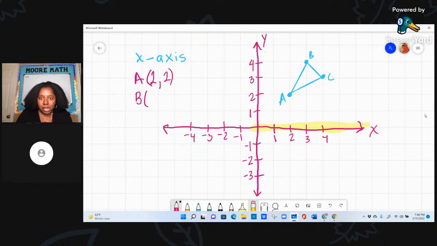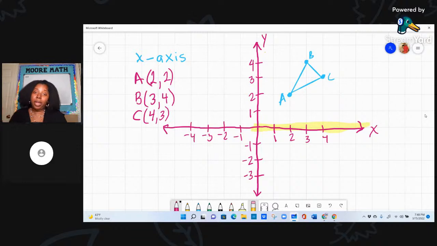For B, wait a minute. So B is right here. What's your X? 3. Good. So 3 what? 4. Good. 3, 4. Excellent. And C? 4, 3. Good. Excellent.